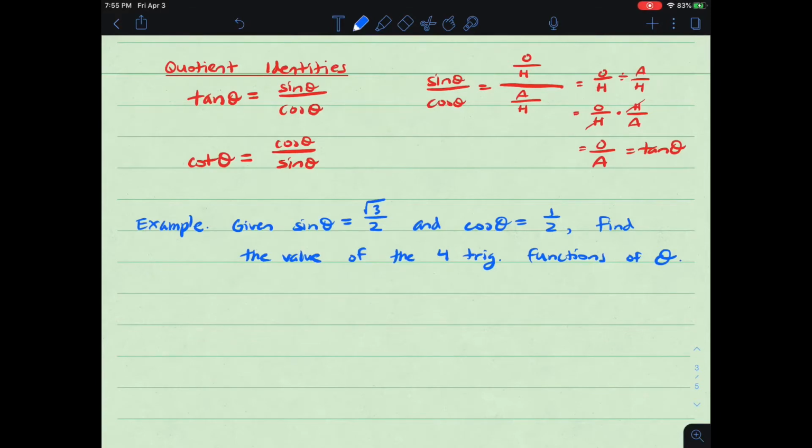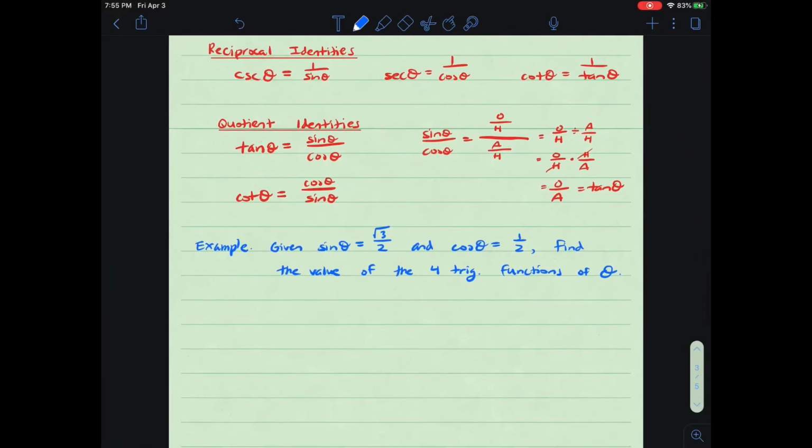And so what I'm going to do is write down what's already given. So I already know that sine of theta is given by that. I know cosine of theta is given by that. I'm going to next find tangent of theta. Tangent of theta is sine theta over cosine theta, right? Using our quotient identities.